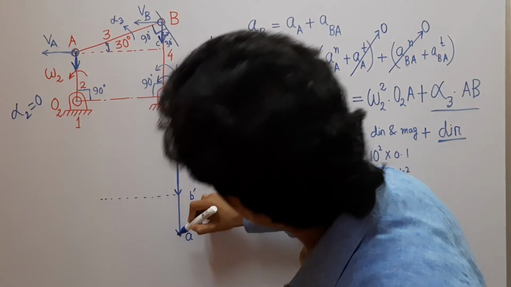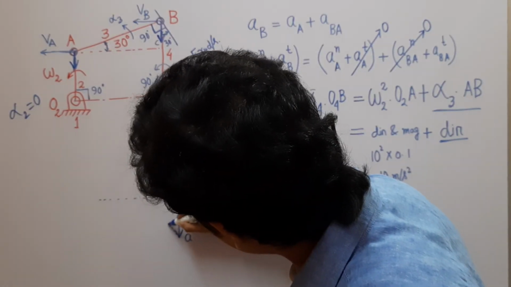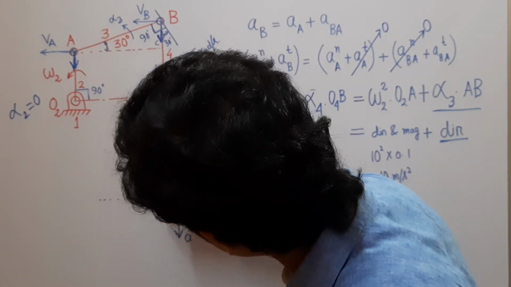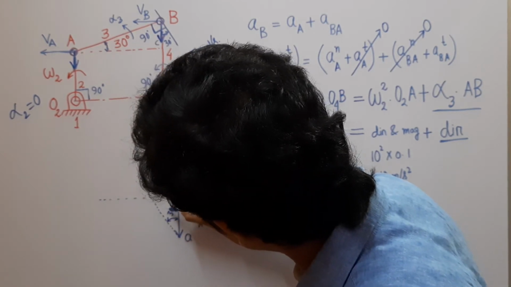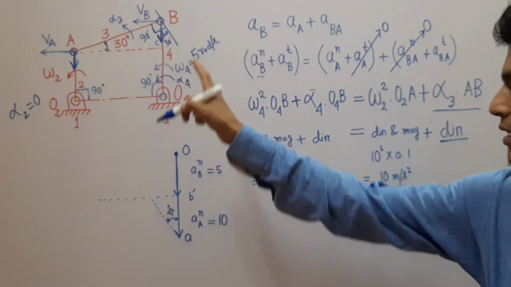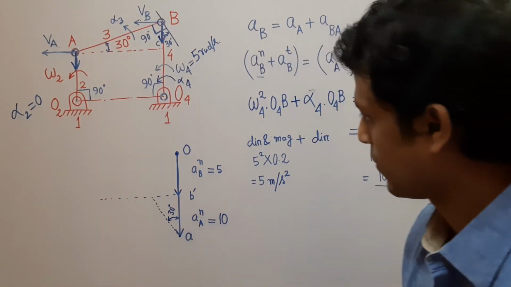So from this point A, we will draw a line which makes 30 degree with this vertical line, or 30 degree with AB. So we will make a 30 degree line from this point small a.